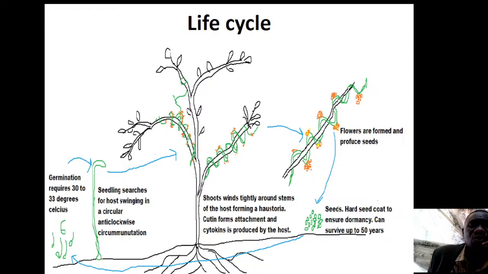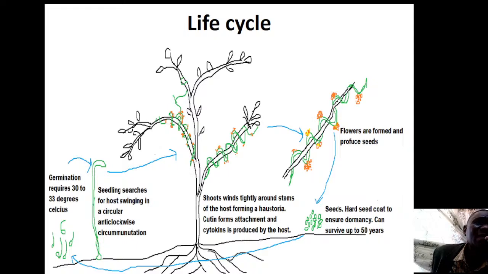When it gets to the host, it is going to grow round and round the host, this circumnutation, and forms contact with the host. So it germinates, it forms a long stem which swings around in a circular or anti-clockwise motion, which is circumnutation.